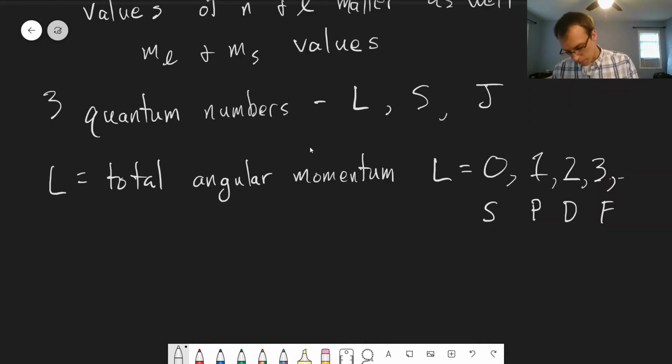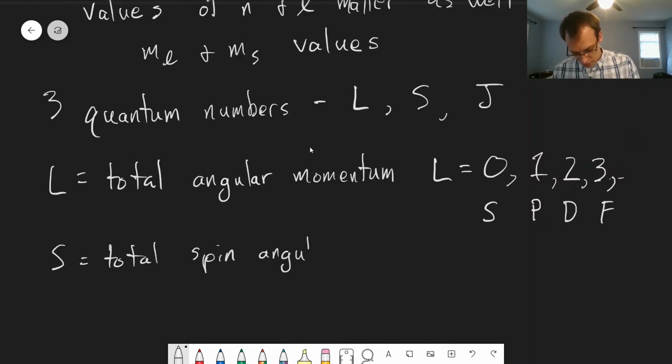The next quantum number we have is capital S. This is the total spin angular momentum. So if we're just thinking about the spin up, spin down of the electrons that we're considering in these electron configurations, capital S can be 0, right?